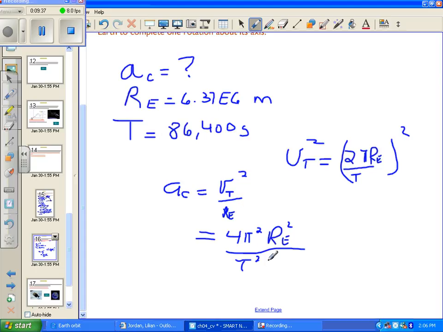But notice we have a radius of the Earth here, and so that will cancel out with that term.